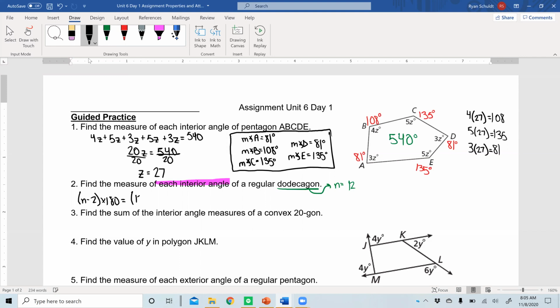So that's going to be 12 minus 2 times 180 degrees, which would be 1800. But I want each interior angle. So I have to divide 1800 by 12, which gives me 150 degrees. That's all there was to it.